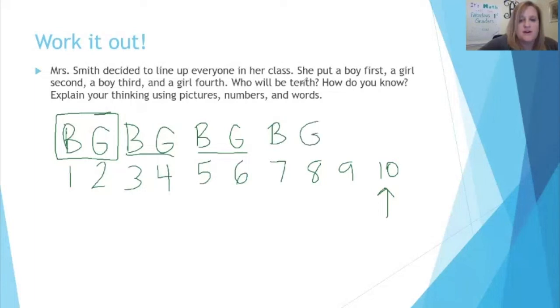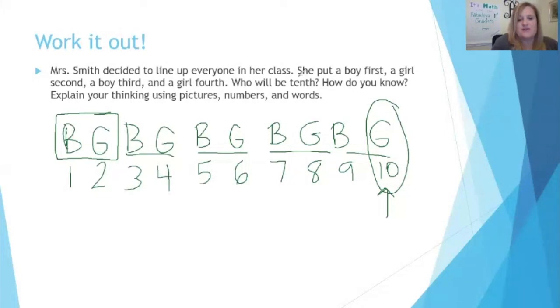Here's another boy, girl, boy. Did you say girl? You're right. So the girl is 10th. How do you know? We knew because we extended the pattern. So I'm going to write my answer in words now because we read it, we drew it, and now we're going to write it.